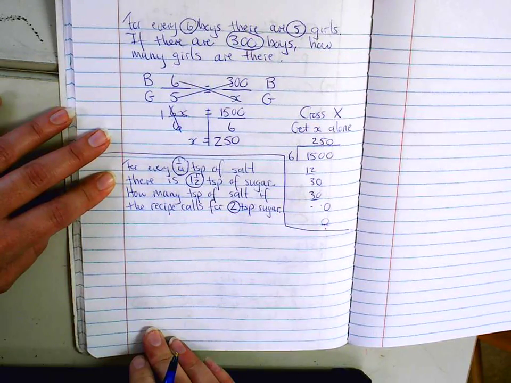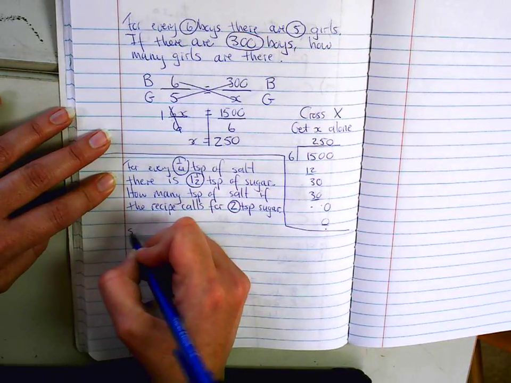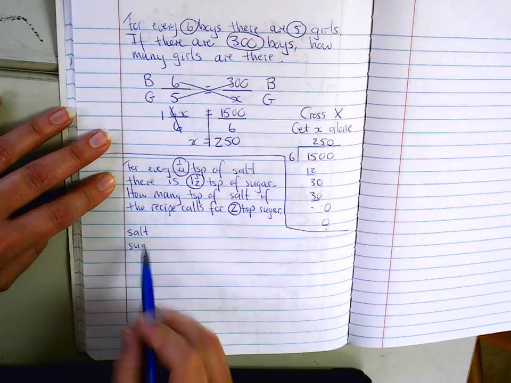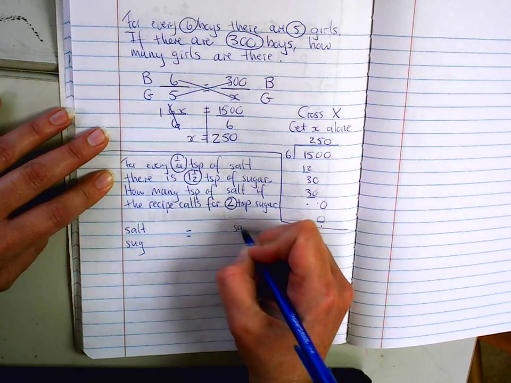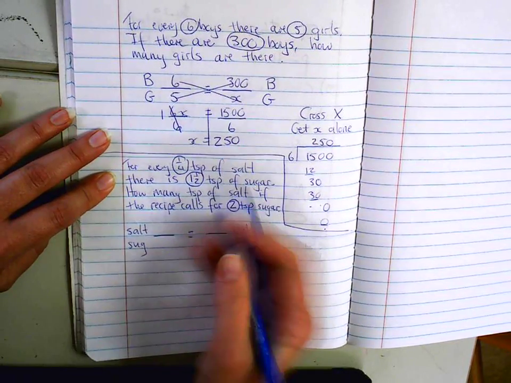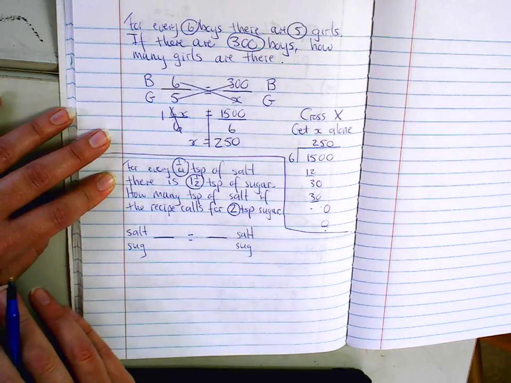So this is going to be a proportion, not only because of the 3 numbers and the 4th one is missing, but there's a relationship between salt and sugar. So I'm going to do salt over sugar equals salt over sugar. Okay, the 1/4 and the 1.5 is in a relationship with each other, so I put them down.